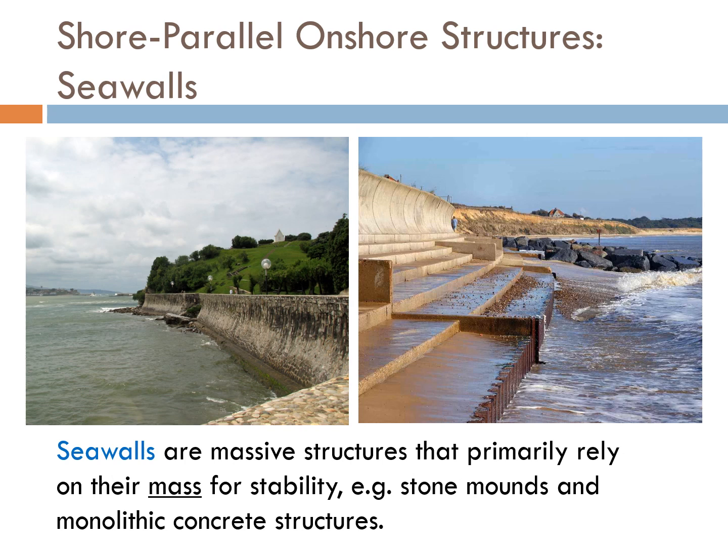Seawalls are massive structures which are designed to achieve stability by their own weight. They are built along the shoreline using stone mounds or concrete structures and shaped accordingly to allow wave energy dissipation, such as a curved face or a step face.